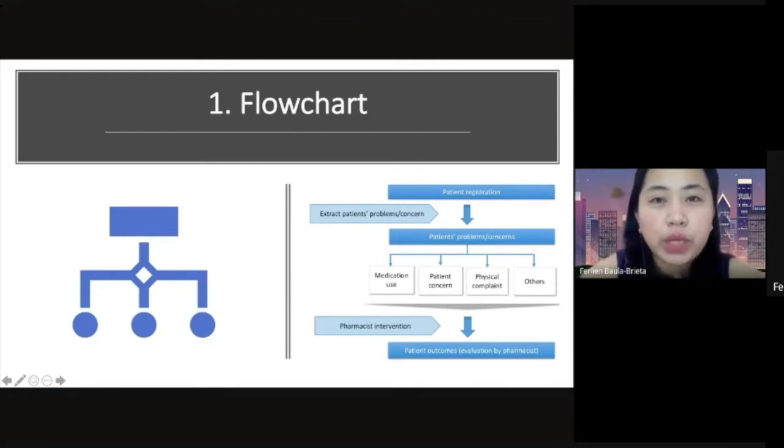Typically, a flow chart shows steps as boxes of various kinds, connected with an arrow. The arrow can be one-sided or two-sided.